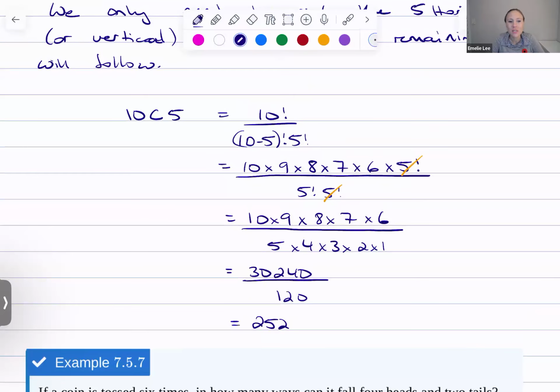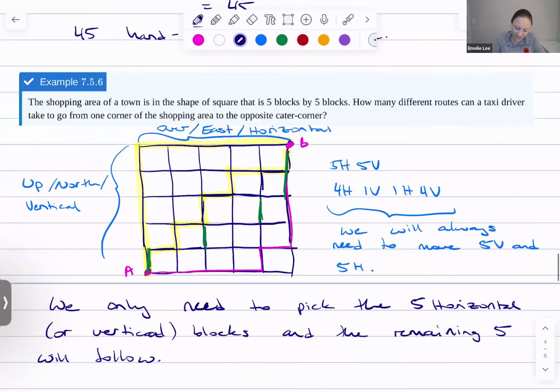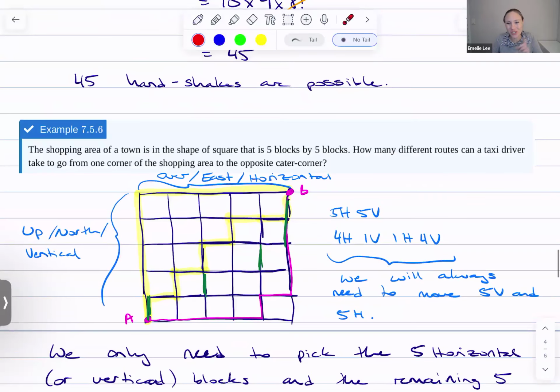Nice. So that one's a little bit sneaky just because, right, unless you've seen one before, which you have now, right, where you say, I've seen a scenario like this before where, okay, I've got these blocks and I want to move over, and I total moves 10, right?